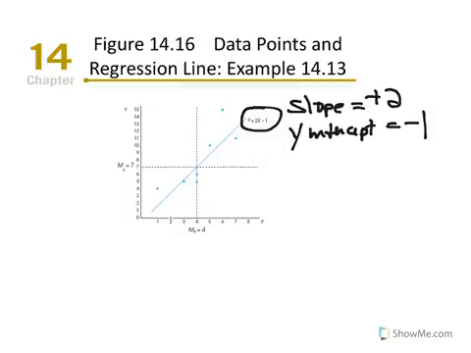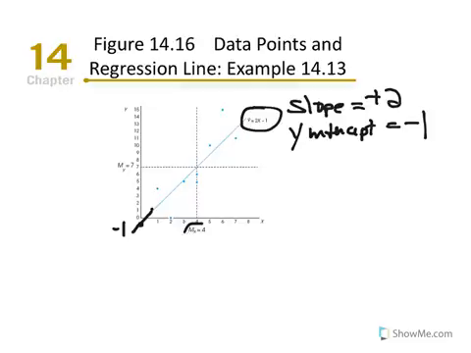It's not demonstrated on here, but again, if we were to take this line further down, it would cross the y-intercept at negative 1. So if x is equal to 0, y would equal negative 1. And again, the slope is the change in y with every 1 unit change in x.